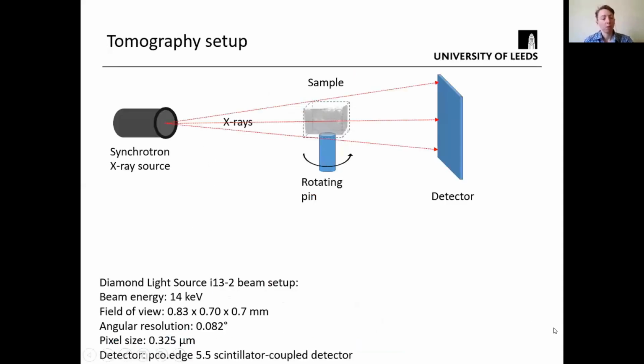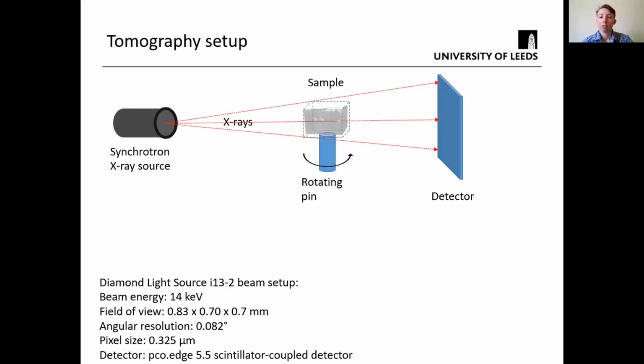So the setup for this is the sample is sat on a rotating pin, and it's gradually rotated in increments, and X-rays are shone at the sample at each rotation. The X-rays are attenuated by energy absorption in the sample and collected at the detector.